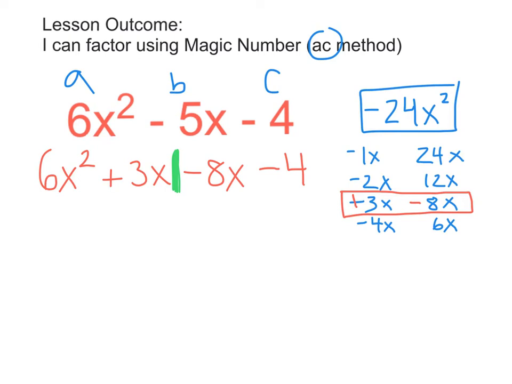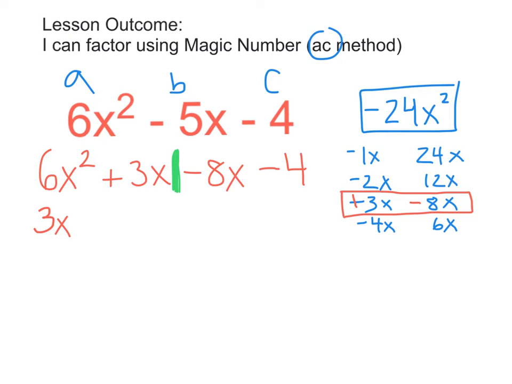But what we needed to do here is we needed to factor out the GCF of each side of that green vertical line. On this side here, we've got a 6 and a 3 for our numerical values of our terms, and we know that both are divisible by 3, which means 3 is the greatest common factor. We also have x squared, which is x times x, and an x, so we can take out 1x.